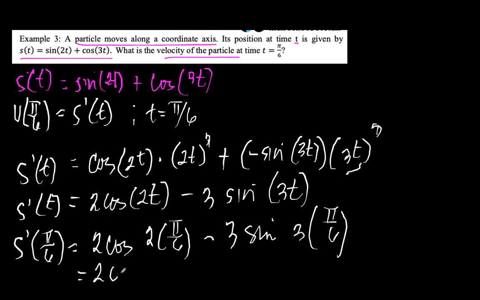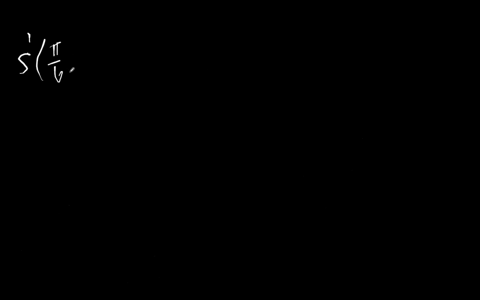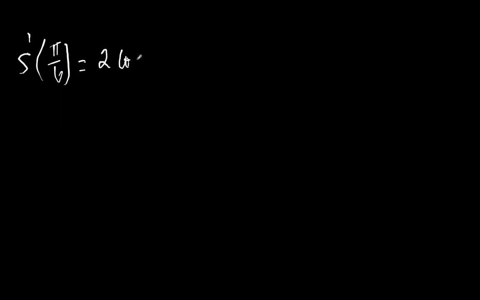So this becomes 2 cosine (pi over 3) minus 3, with parentheses so we do not get errors or misconceptions about the way we wrote expressions, sine (pi over 2).